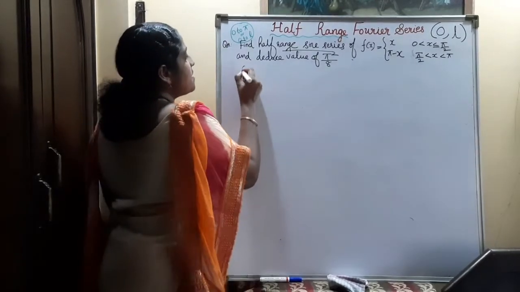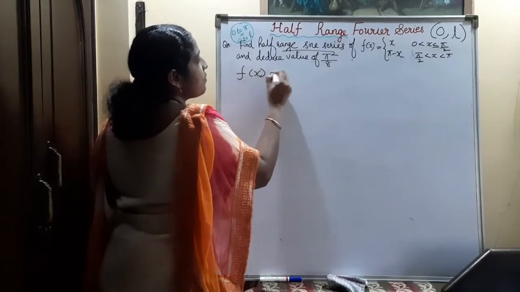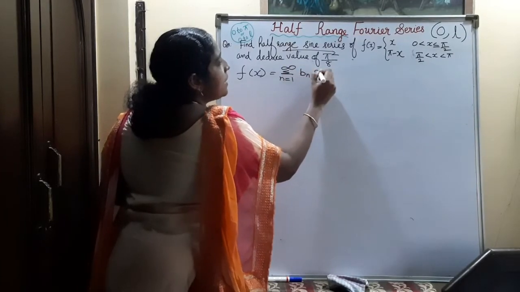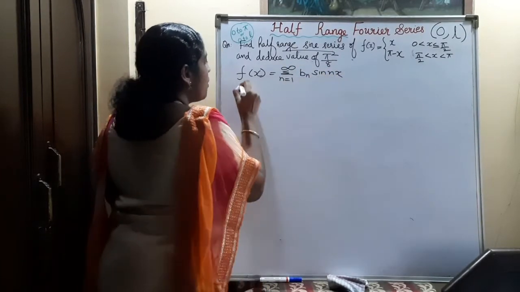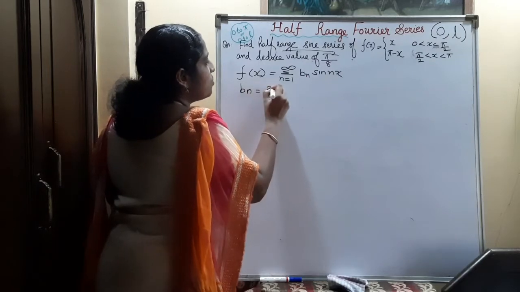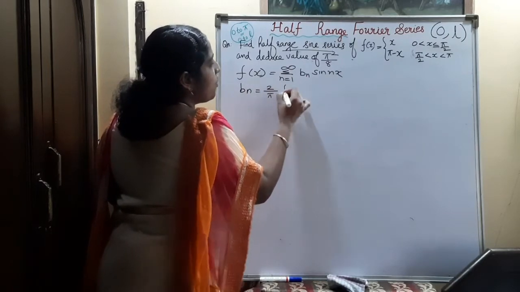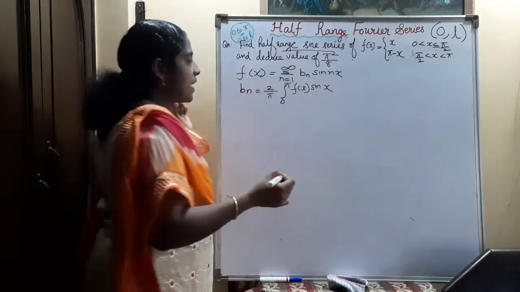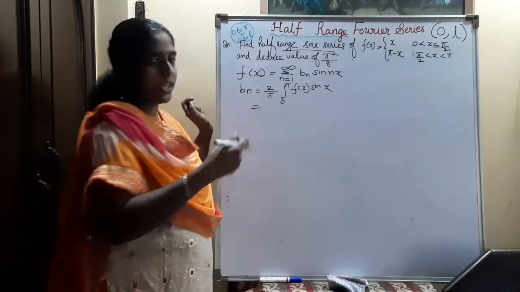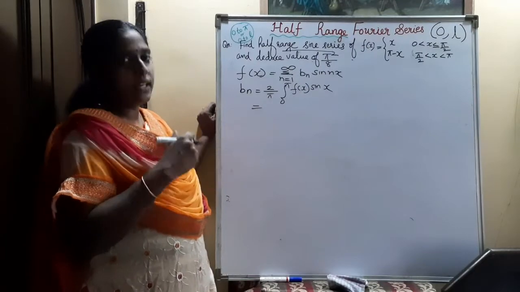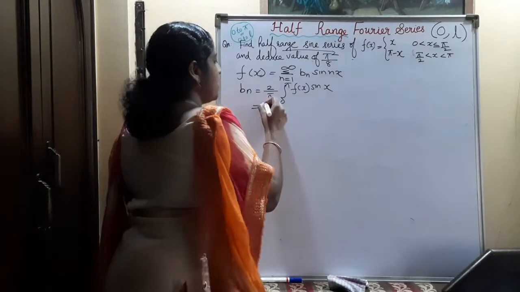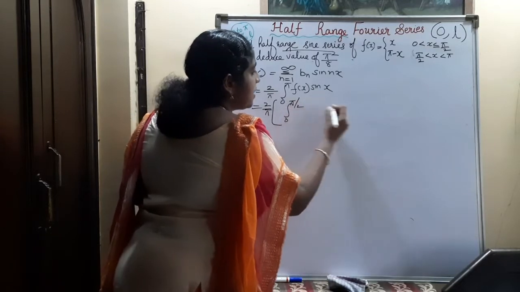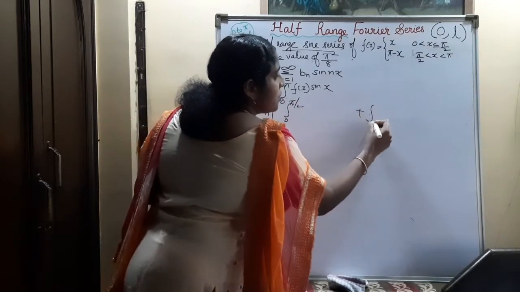In this case the sine series is f of x equal to sigma n equal to 1 to infinity bn sin nx, where bn is equal to 2 by pi integral 0 to pi of f of x sin nx dx. Since it is a discontinuous function, we can split the limits: 2 by pi times the integral from 0 to pi by 2 plus the integral from pi by 2 to pi.